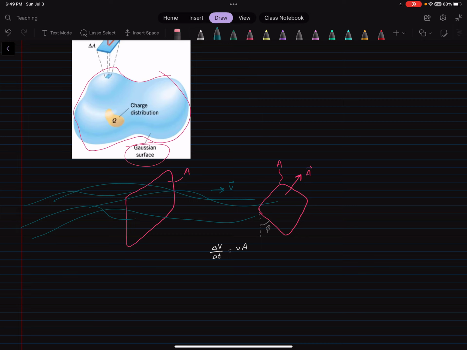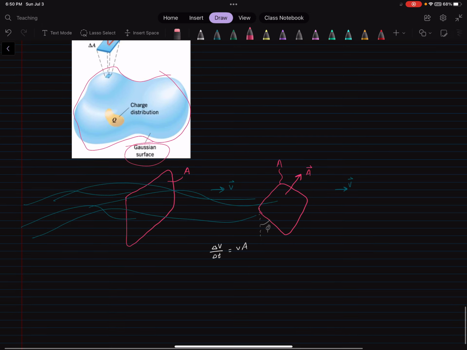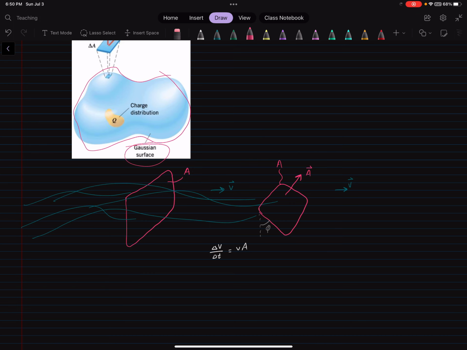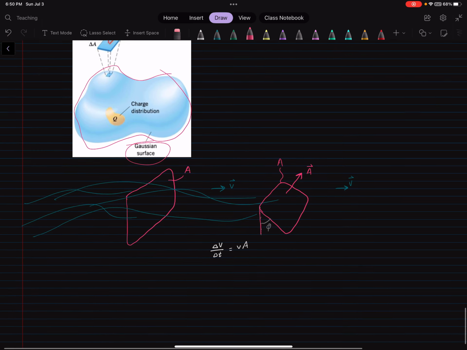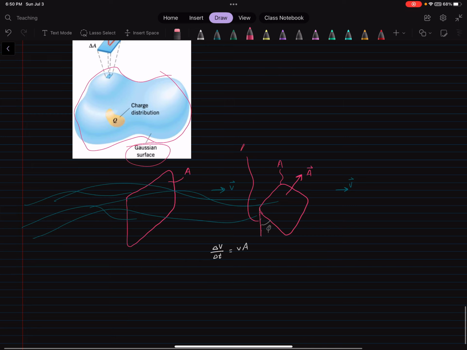And the water still flows with velocity v. That hasn't changed. So this vector A, that's just the way of describing it. And we have this vertical component here that I will describe as A perpendicular, which is equal to A cosine phi.